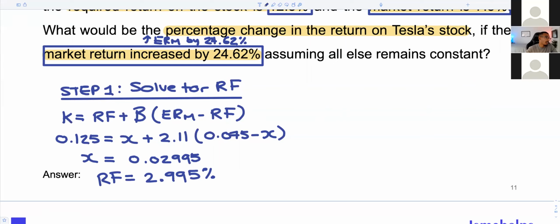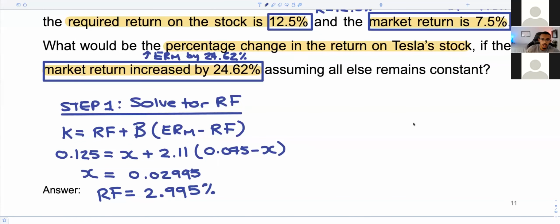We are almost done. The next step is to figure out what would actually happen if we were to increase our ERM by 24.62%. So what is going to be our ERM if we increase it by 24.62%?